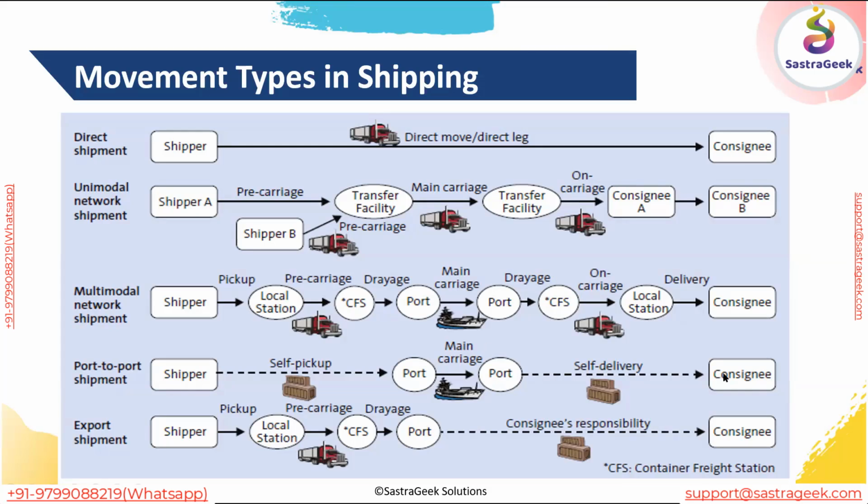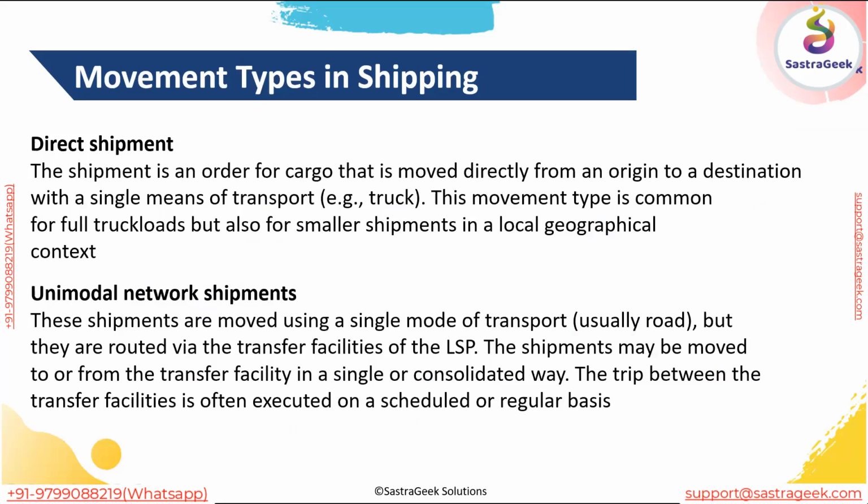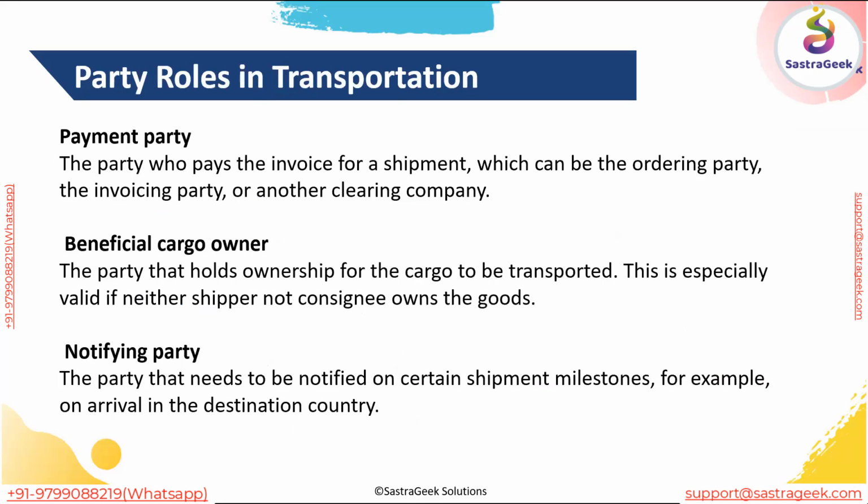He sends a notification or a delivery note that your cargo has arrived. So consignee and notifying party can be same, can be different if consignee is using freight forwarder services. So this is the sixth party role, notifying party. The party that needs to be notified at a certain shipment milestone, for example, arrival at the destination, is called a notifying party.